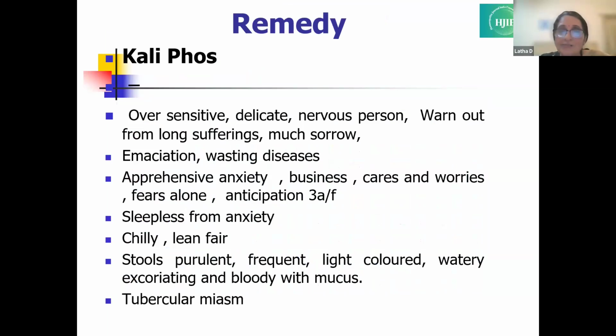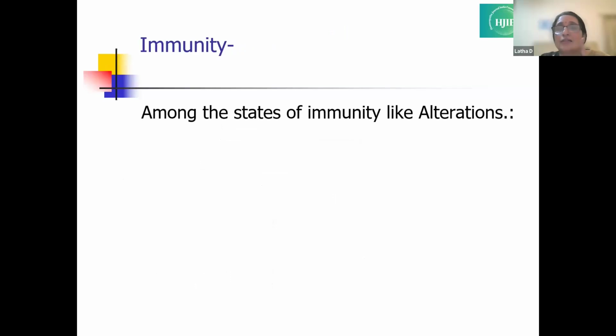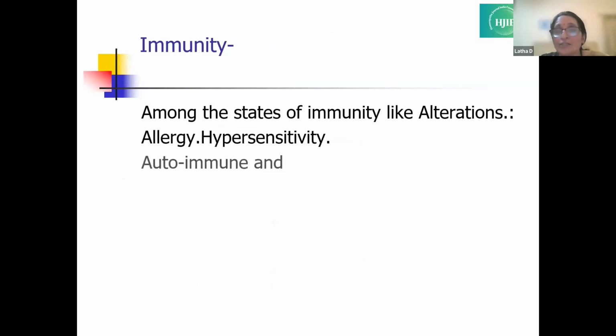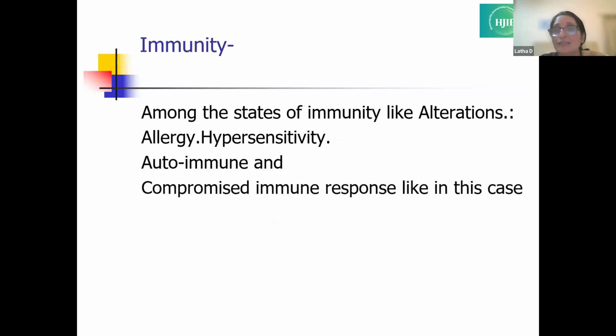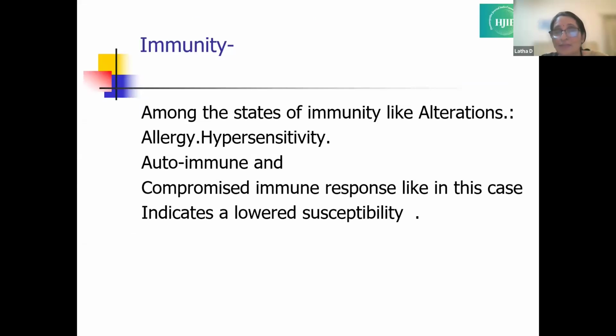It also has sleeplessness from anxiety. What is important is what we understand of this immunity: a compromised immune mechanism, indicative of a lower susceptibility.